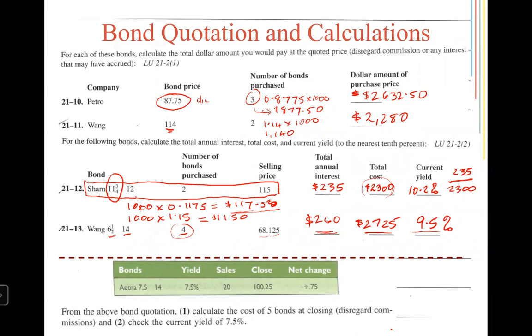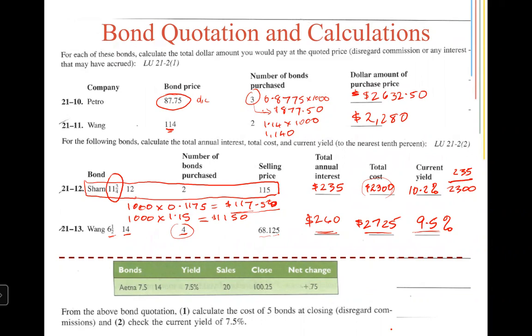Okay, so at the bottom of that screen, you see a bond stated in the format that may appear in a newspaper. So the name of the company is Aetna. What does that 7.5 represent? Anybody want to tell us what does the 7.5 represent in that bond quotation? I have to call a name in.